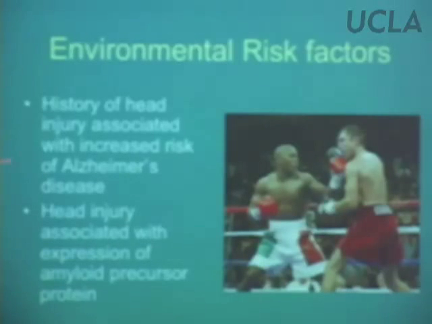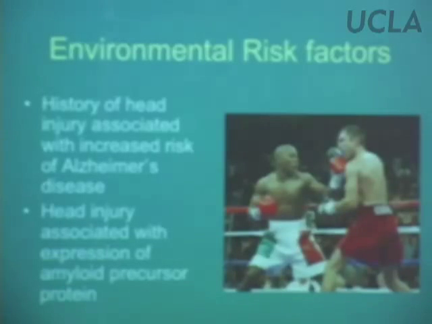And you see this in boxers who basically get head injury all the time, especially concussion. They get knocked out, and boxers have a very high rate of dementia. They get it earlier, and at a much higher frequency than people matched for other factors who have jobs where they don't get pummeled in the head a lot.